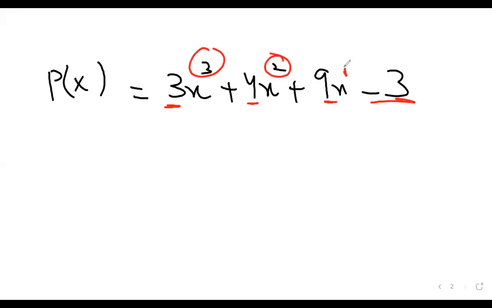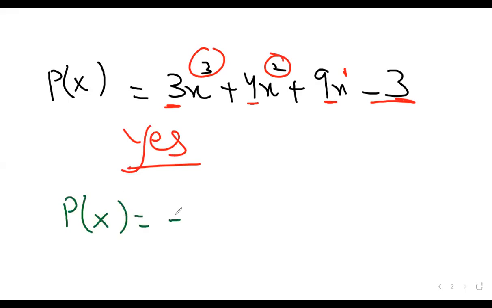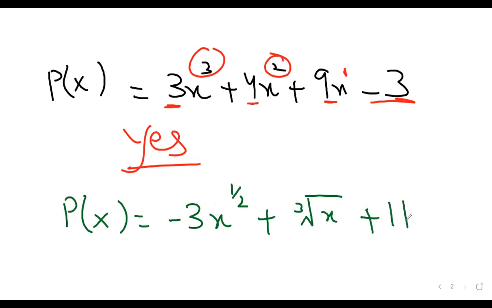And it is in descending order. Yes, it is a polynomial. But if you see another example, like p(x) = -3x^(1/2) + cube root of x + 11. It's not a polynomial.